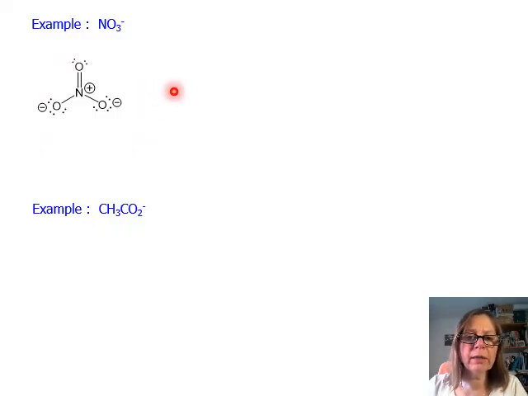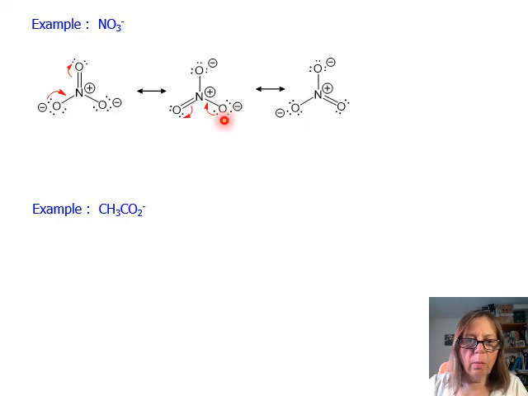We can write resonance structures by moving the electrons. Push and pull, we end up with this new Lewis diagram. We can keep moving electrons. Push and pull, we end up with this new Lewis diagram.